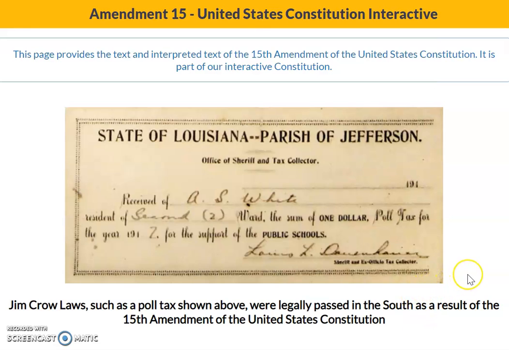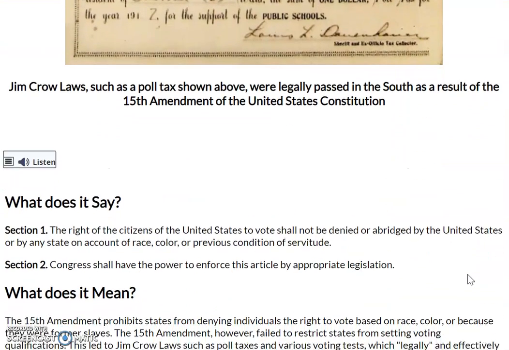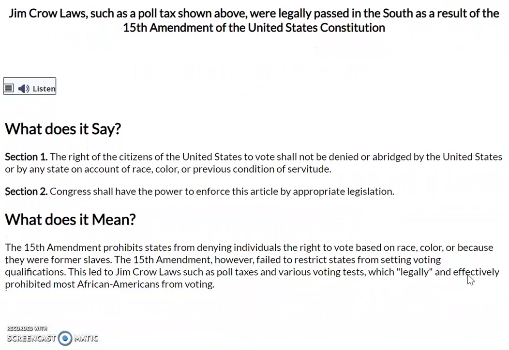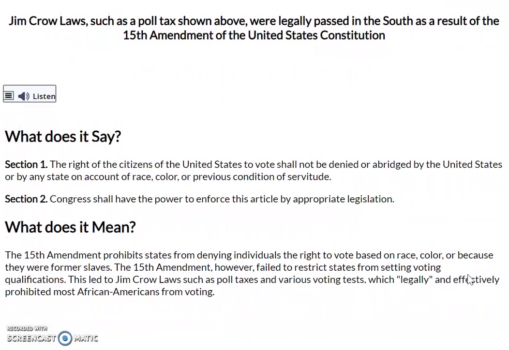So the 15th Amendment said you cannot be denied based on the color of your skin, but it didn't say that it was free. So now certain states would put a poll tax saying you had to pay a tax before you could vote. And remember, a lot of former slaves didn't even know how to read. So would they understand what the document said for them to be able to pay?